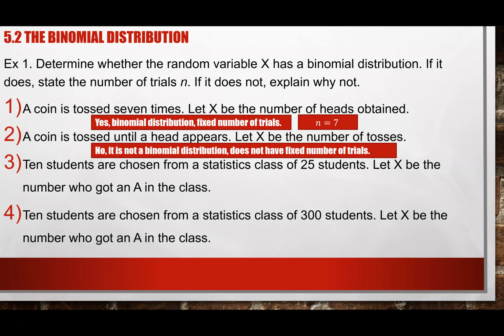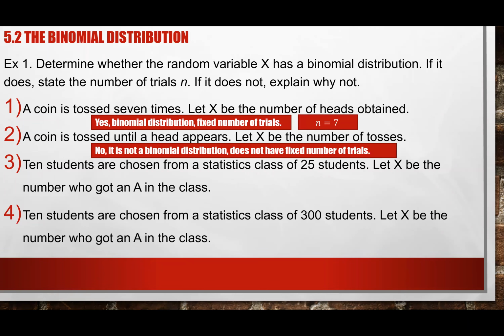We need a fixed number of trials in order to consider it a binomial distribution, okay? Because it can be different, right? I can flip the first time and land on head, I'm done. I can flip 10 times and not have any head, and I still flip the 11th time, right? So I don't have a fixed number of trials, and that's why it cannot be considered a binomial distribution.